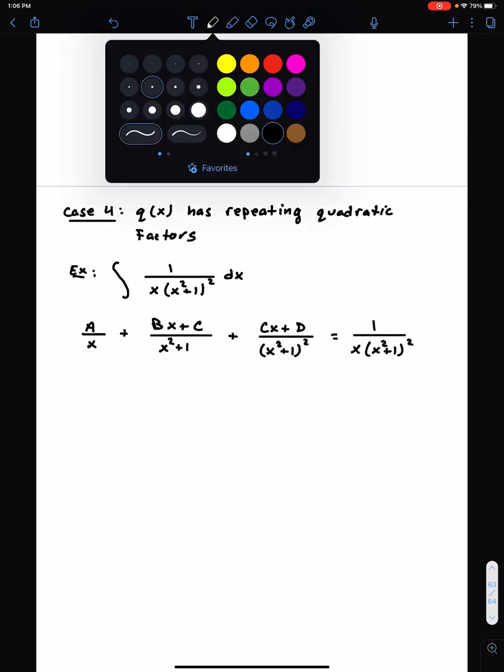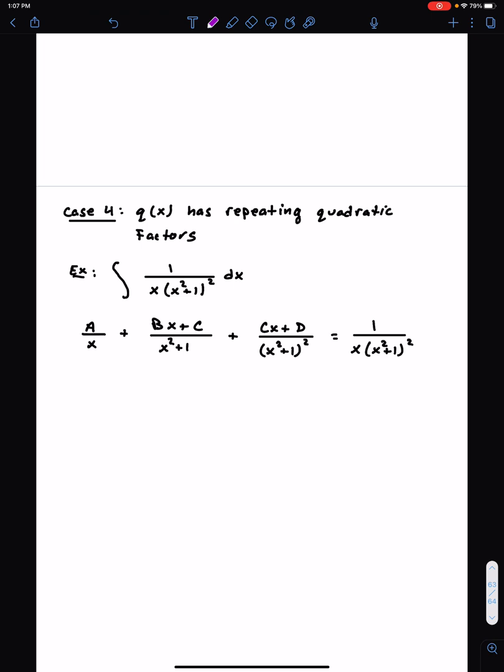So if I multiply both sides by the LCD to get rid of all the fractions, I multiply both sides by x times x squared plus 1 quantity squared.